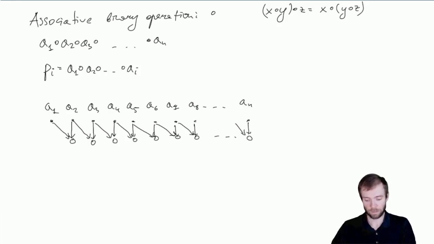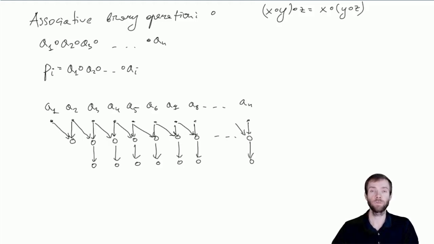On the second layer, we'll do the following. We'll take A3 and all the subsequent elements, place a computation node, a generalized gate, under each of these elements, and this node would compute the product of the node which is immediately above it and the node which is 2 nodes to the left.